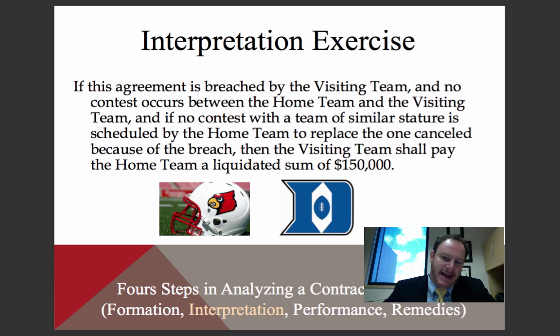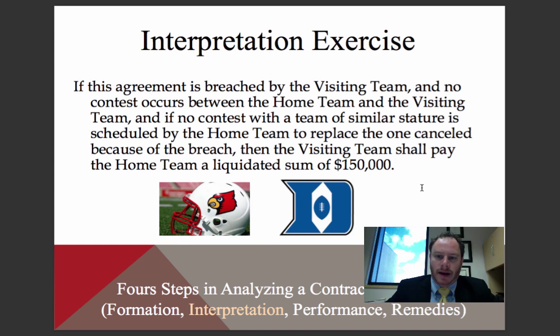So what ended up happening was Duke backed out of the contract, back in the mid-2000s. Louisville had scheduled something like Jacksonville State as the replacement team, and they had the game. But then Louisville sued Duke because they claimed that Jacksonville State was not a team of similar stature.